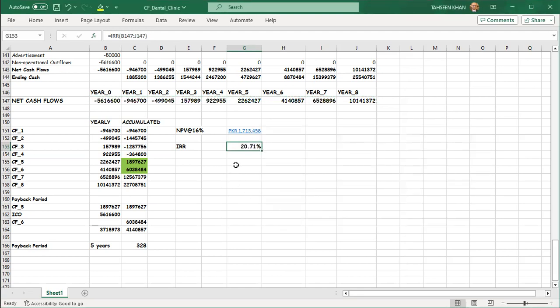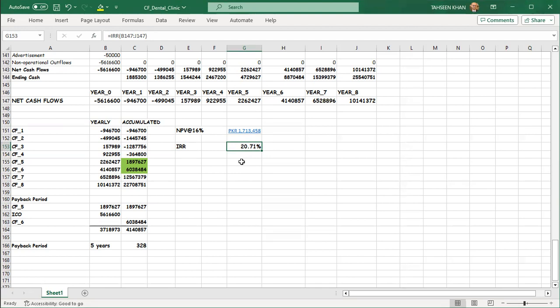So the IRR is 20.71%. It means your business is paying you annual return equal to 20.71% for a period of 8 years.